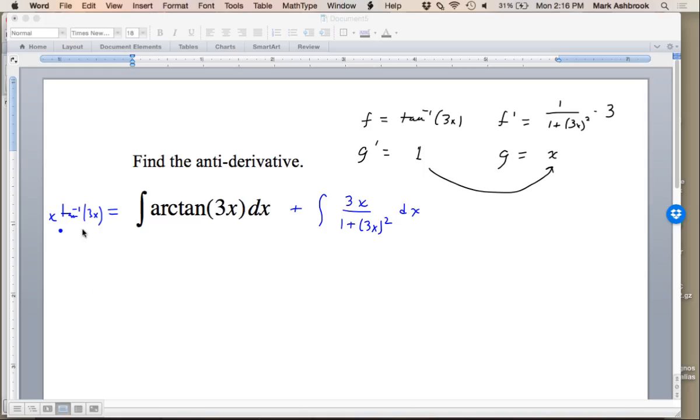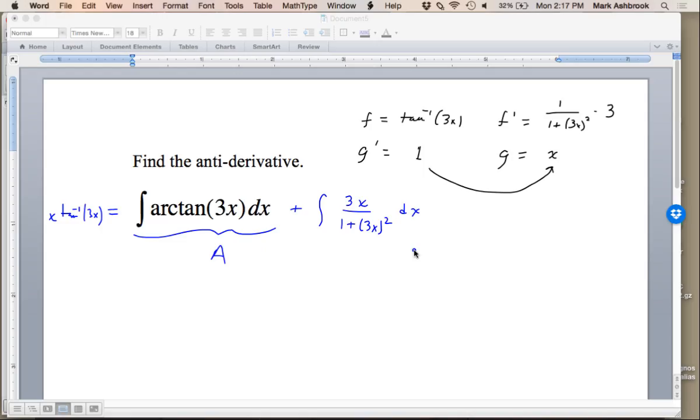So that's our basic undoing the product rule form: F times G equals the integral, which we're calling A, the answer, plus the easier one, the integral of F prime G, or 3x over 1 plus 3x squared.